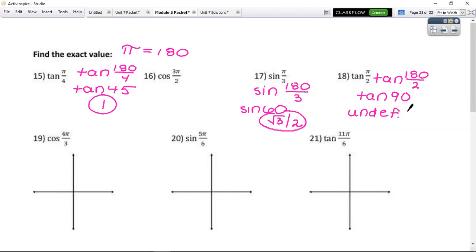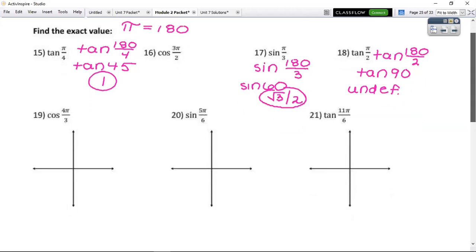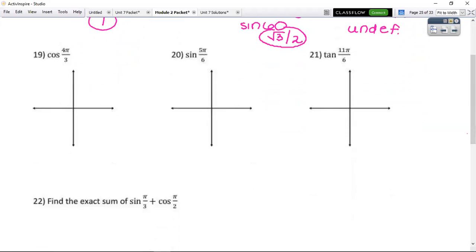Okay, so 19. What is 4 times 180 divided by 3? So divided by 3 is equal to 240. So this is equal to the cosine of 240. So here's what you've got to do now. 240 falls all the way into quadrant number 3.